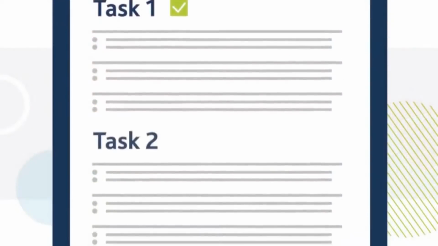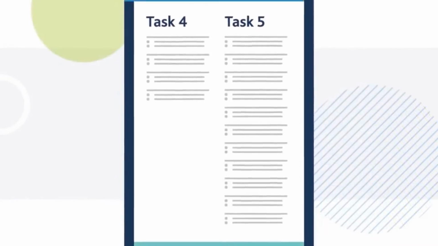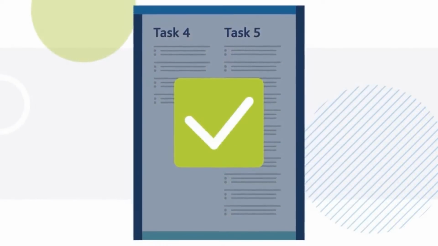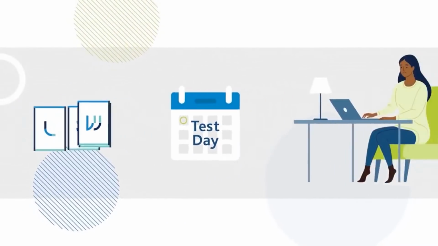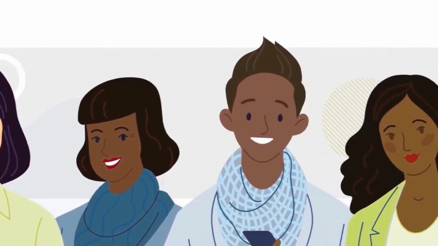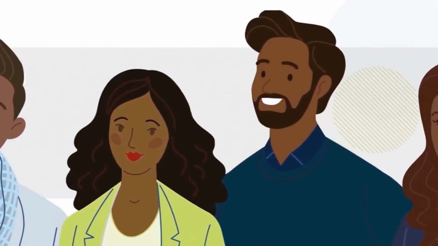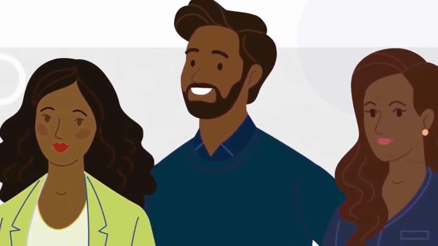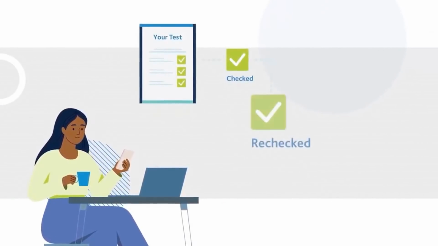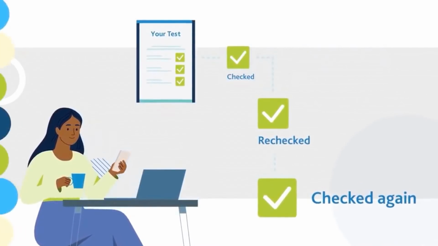OET materials go through a robust development process prior to test day. Alongside our statistical analysis, this guarantees there is no advantage or disadvantage when you take OET at different dates. In other words, a test that seems harder does not mean you receive lower scores. Our procedures ensure everyone receives a fair go, no matter when they take OET. By the time Priya receives her final scores, her answers have been checked, rechecked and checked again to ensure everything is fair and correct.